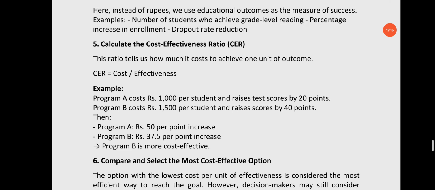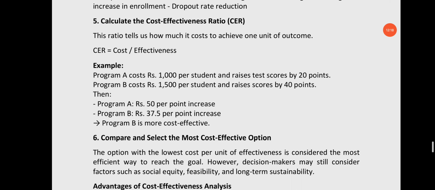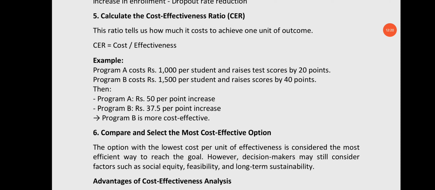Number five, calculate the cost effectiveness ratio (CER). The ratio tells us how much it costs to achieve one unit of outcome. Cost effectiveness ratio is equal to cost over effectiveness. Example: program A costs 1000 rupees per student and raised test scores by 20 points.